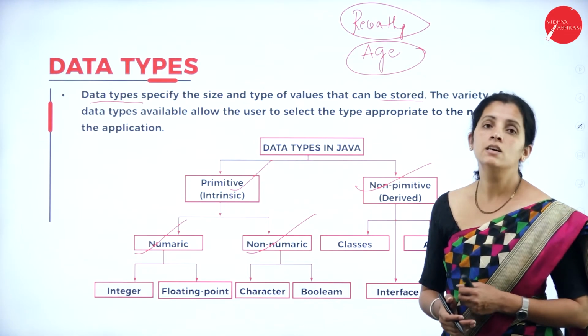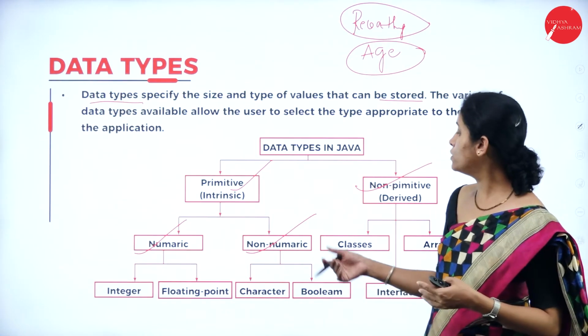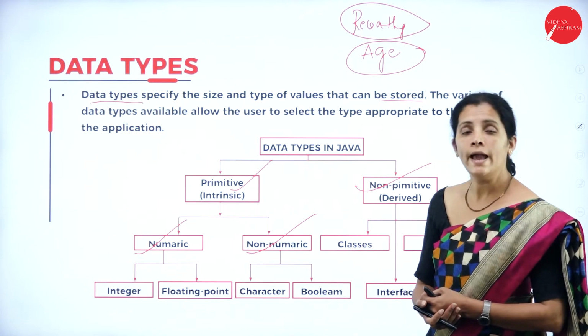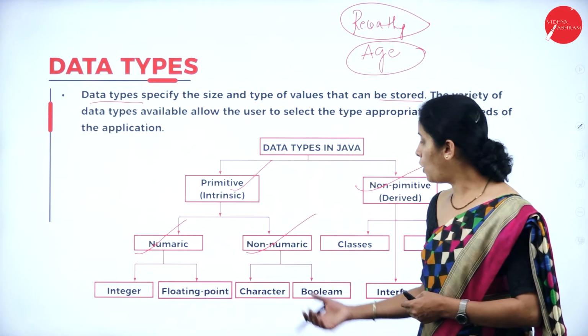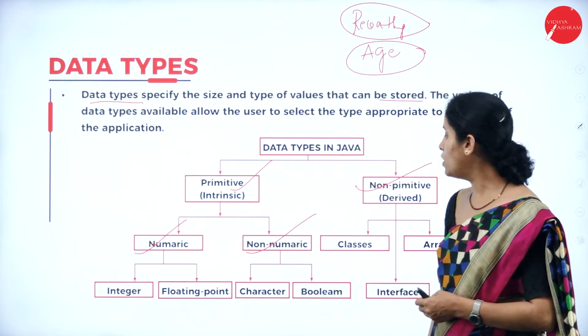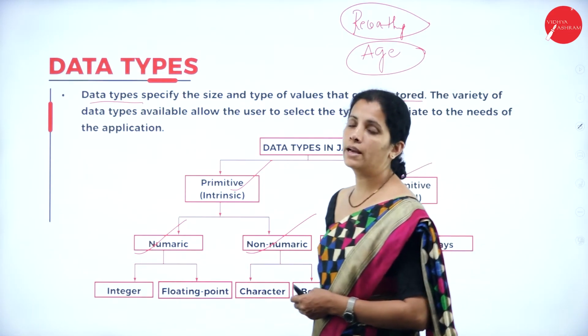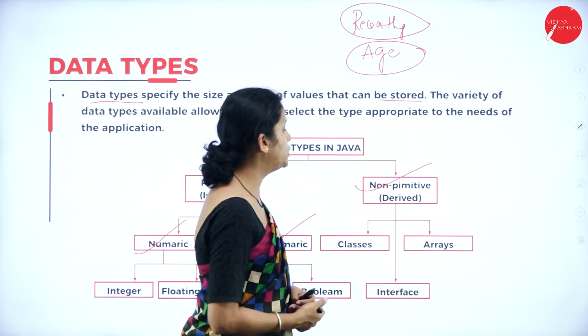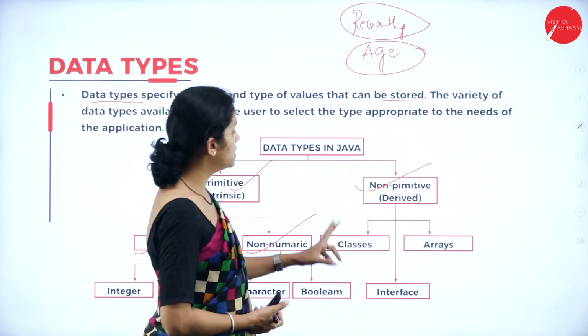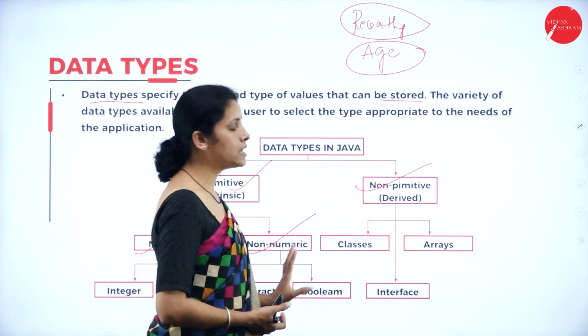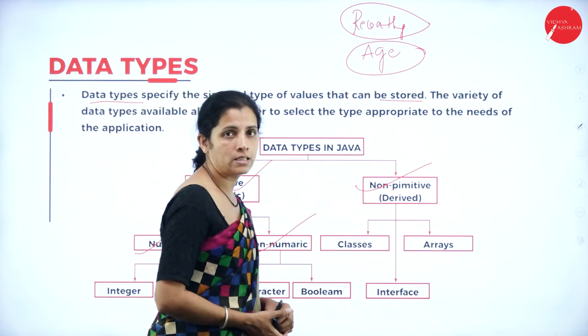Numeric in the sense numbers. And what about non-numeric? That is nothing but everything except numbers. For example, character and string all come under non-numeric. And if I consider non-primitive, that is further classified into three types: classes, arrays and interface.